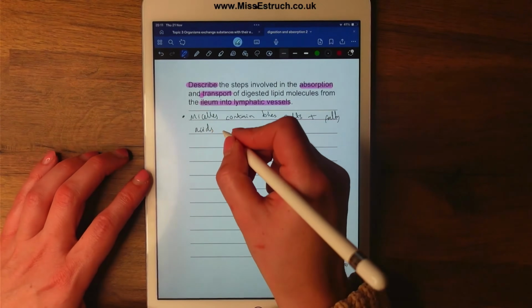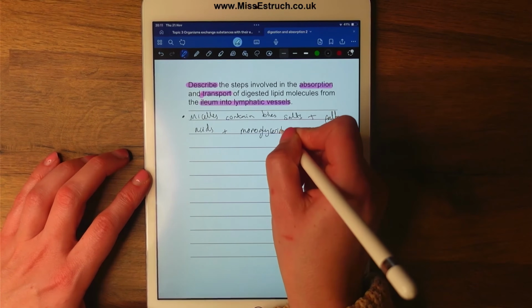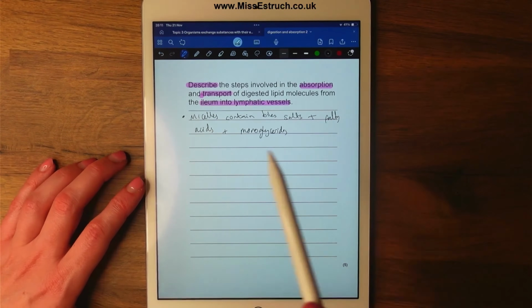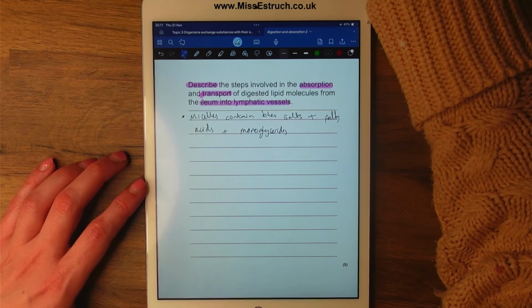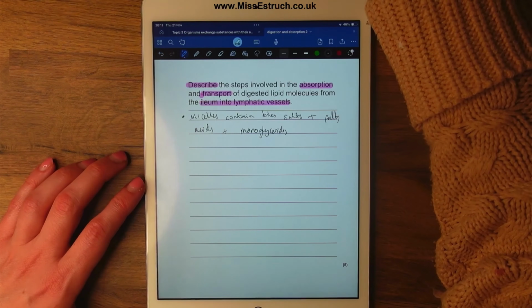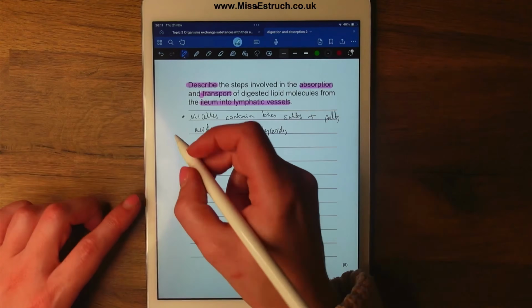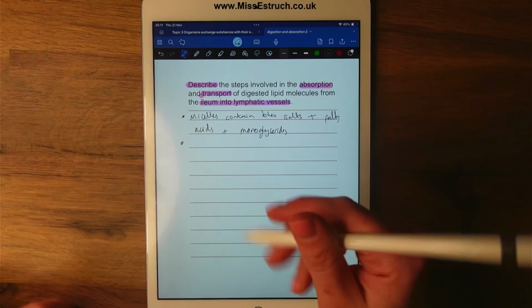So there we go, and monoglycerides. The reason I bring that up is in terms of how that links to the digestion and then the absorption is we need to know that the fatty acids can then move towards the cell surface membrane.